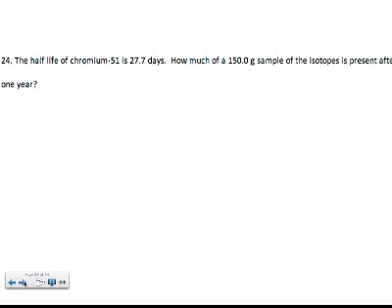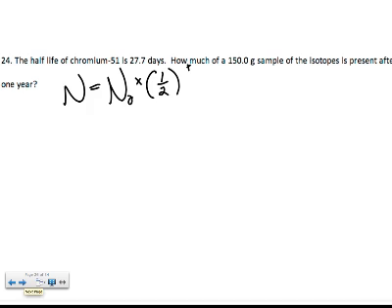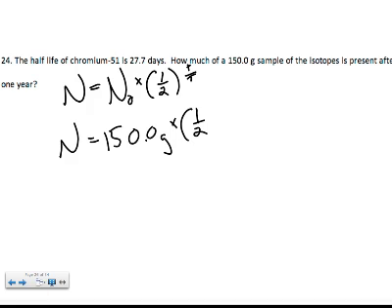Okay, so the formula for half-life is the amount remaining is equal to the amount that you start with multiplied by 1/2 raised to the power of the time elapsed divided by the time of 1 half-life. So in this case, the starting amount is 150, and that's times 1/2 to the power of 365 days, that's 1 year, over 27.7 days.